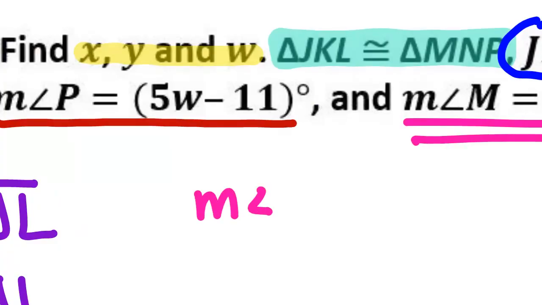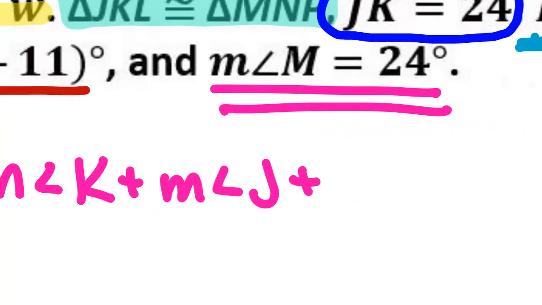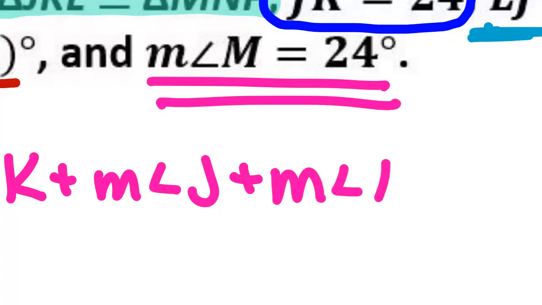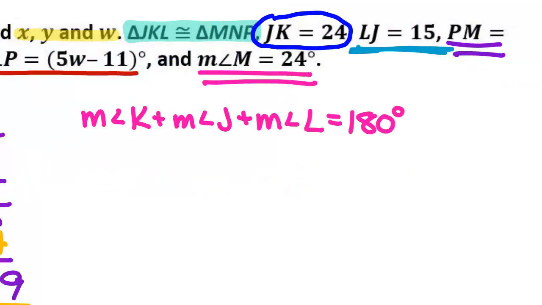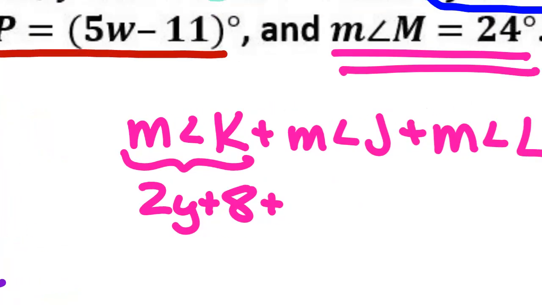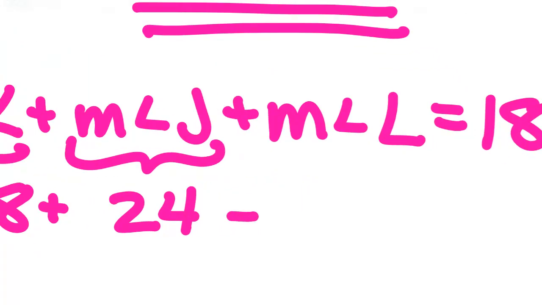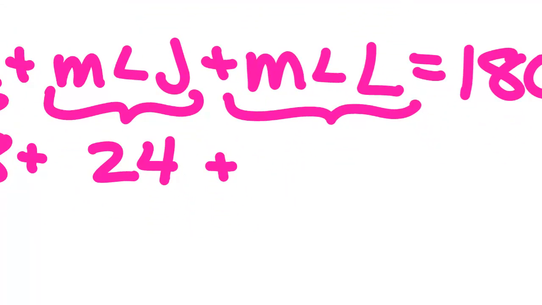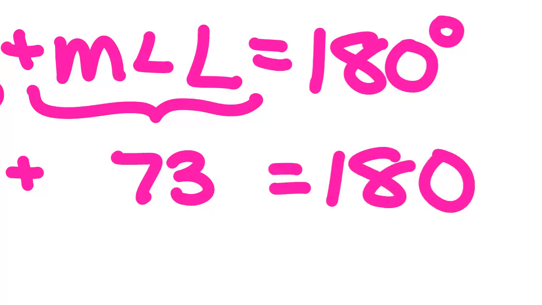The measurement of angle K plus the measurement of angle J plus the measurement of angle L is equal to 180 degrees. Angle K is 2y plus 8 plus angle J, which is 24, plus angle L, which is 73. Set that equal to 180.